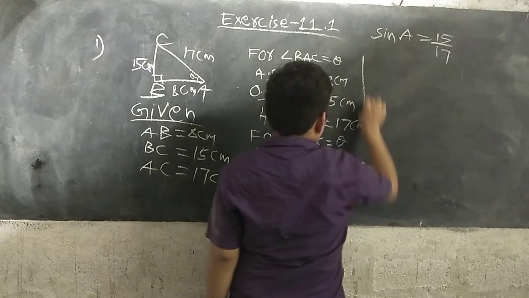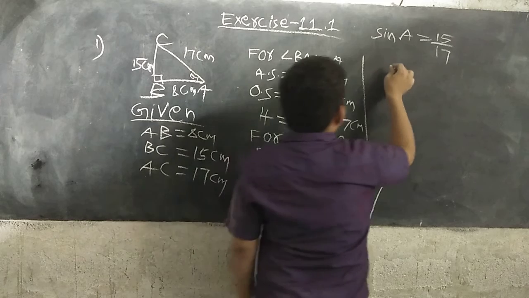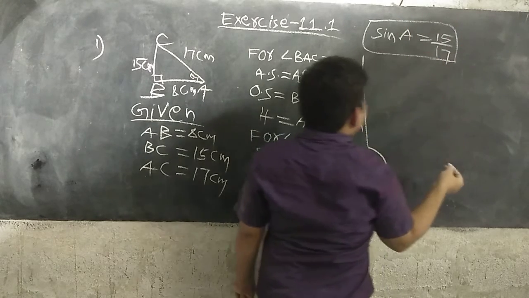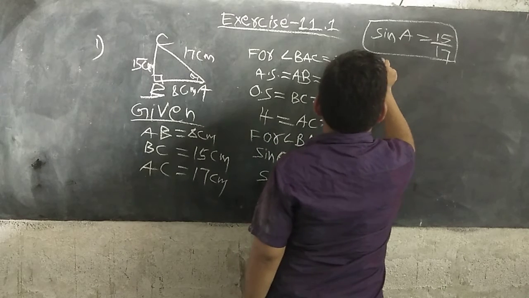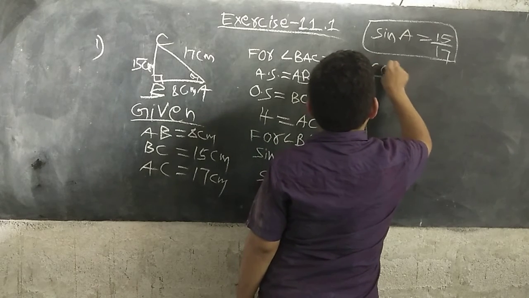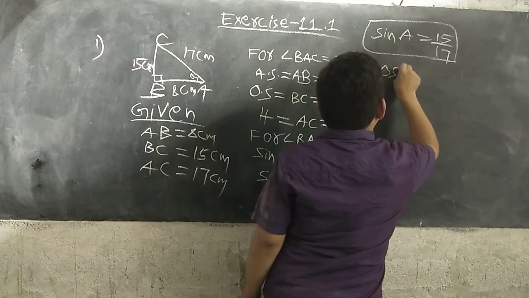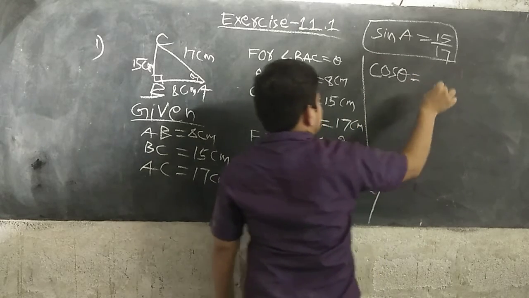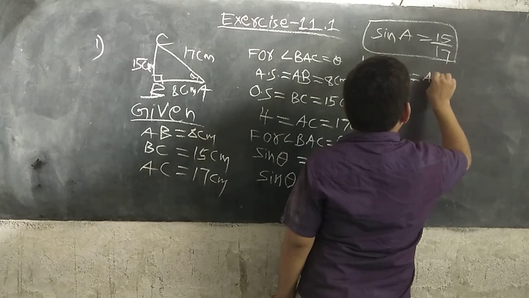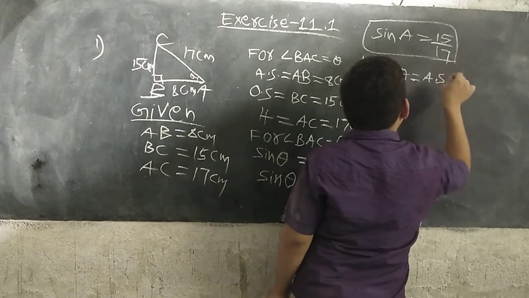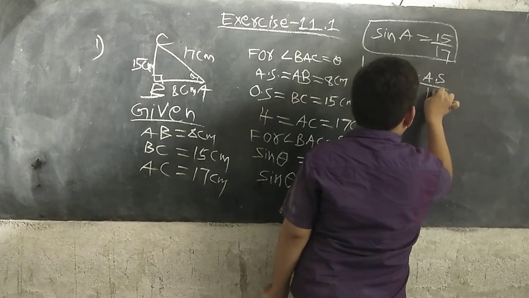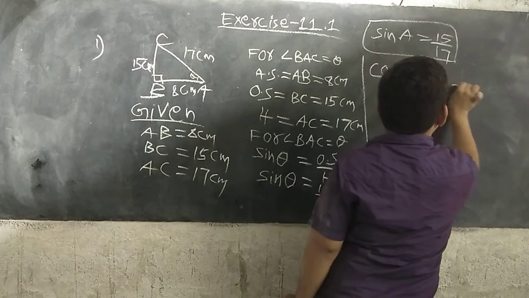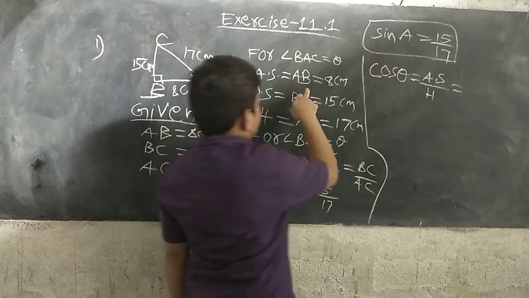Then cos A, cos theta. Cos theta equal to adjacent side by hypotenuse, the definition of cos theta. What is the adjacent side?